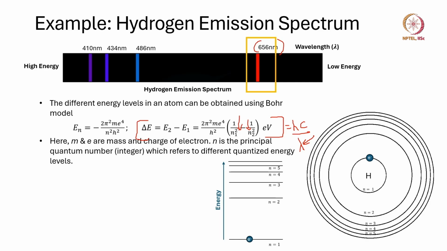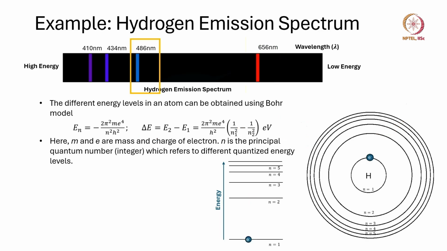Thus, when the energy is supplied to the electron, the electron transitions to n equal to 3 and then when it relaxes to n equal to 2, that corresponds to this specific wavelength of 656 nanometers. Similarly, if we calculate the different combinations of energy levels corresponding to the other wavelengths, for 486 nanometers, the electron has to transition to n equal to 4 and then relax to n equal to 2.